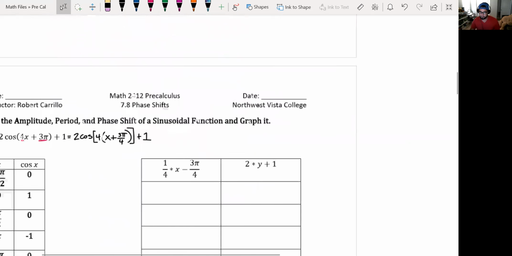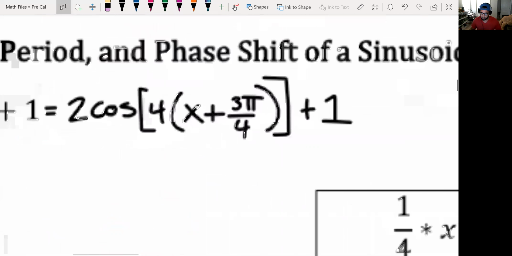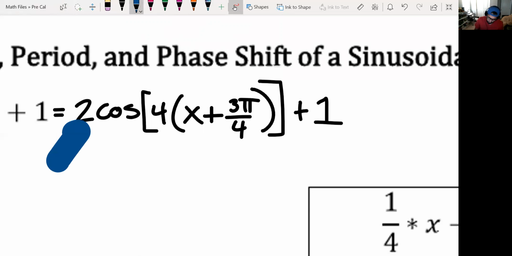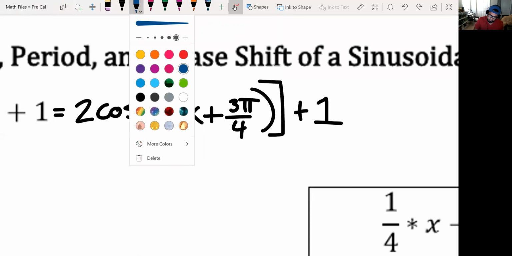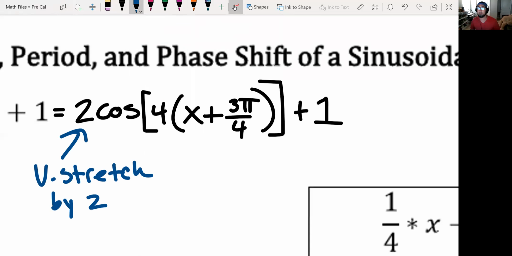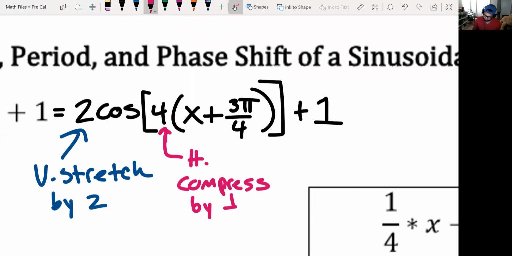All right, back to this one. Let's go ahead and look at the transformations going on. The 2 is a vertical stretch by 2 units. The 4 is a horizontal compression by 1/4.